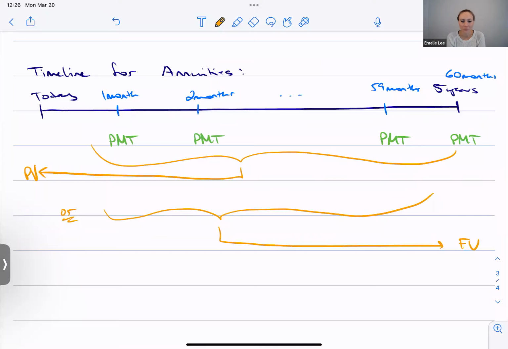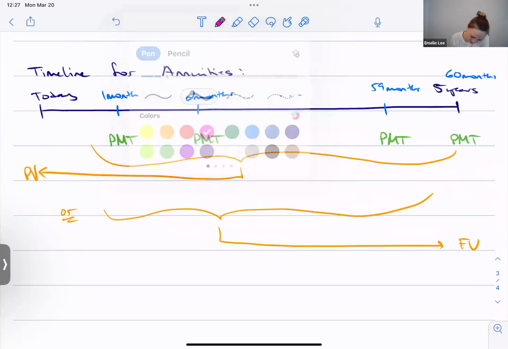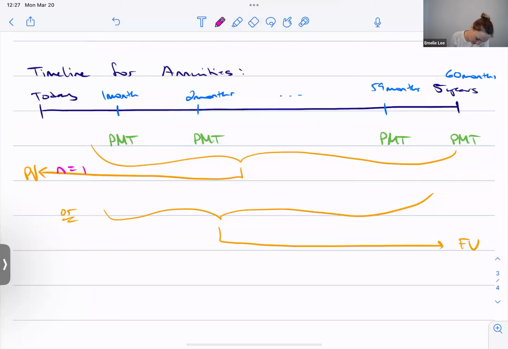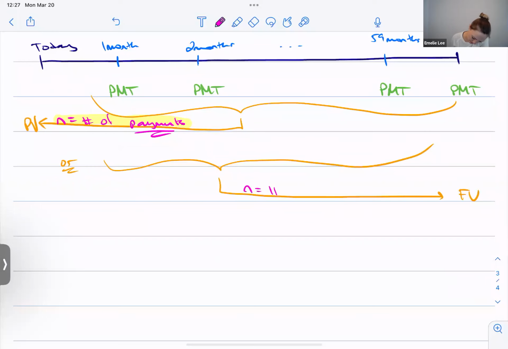And so N here, either way, N is the number of payments now. Okay. So N is the number of payments. Okay. That's important because N used to be the number of compoundings, right?